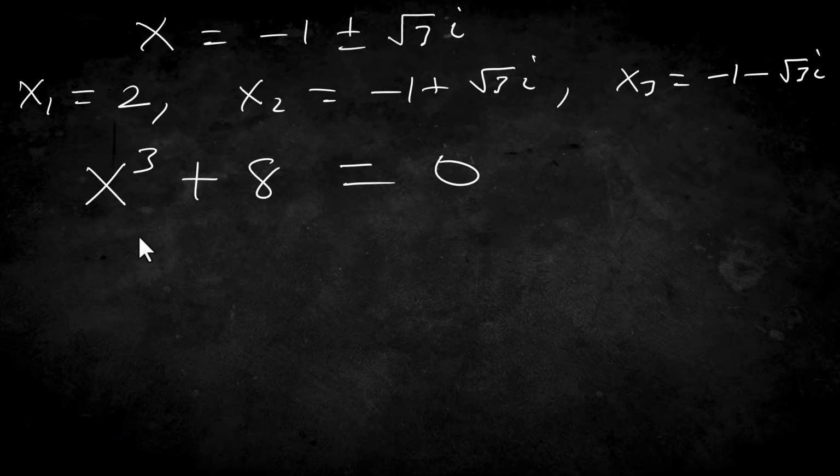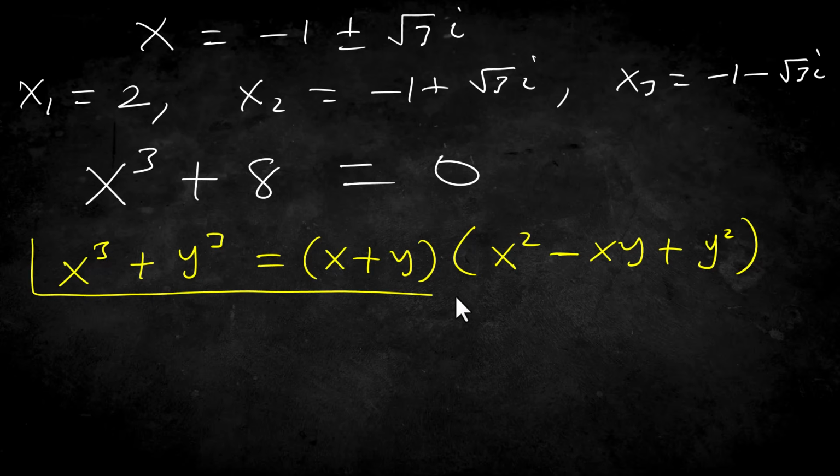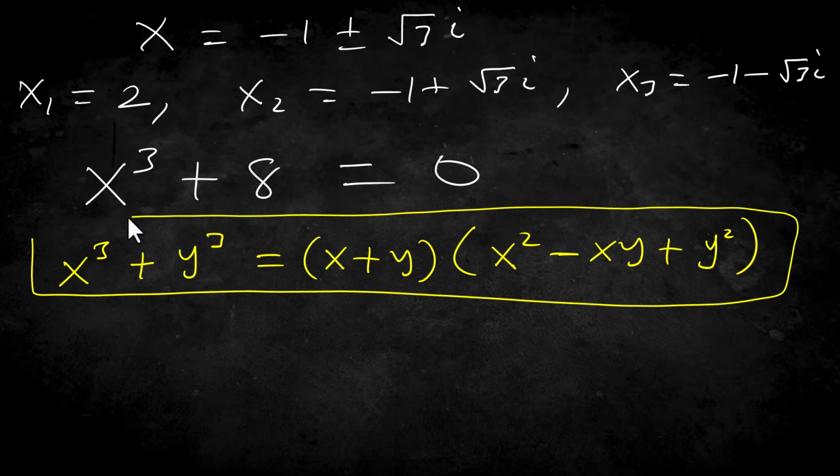So from here, x cubed plus y cubed is the same as (x plus y), then (x squared minus the product of x and y plus the square of y squared). Okay, now from here we can write this one as x cubed plus 2 to the power 3 equals 0.